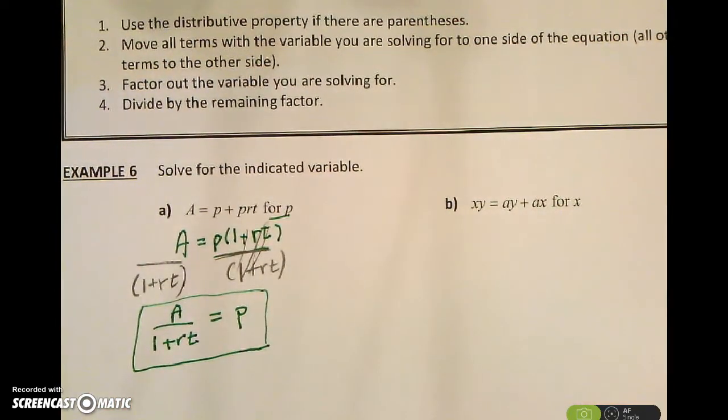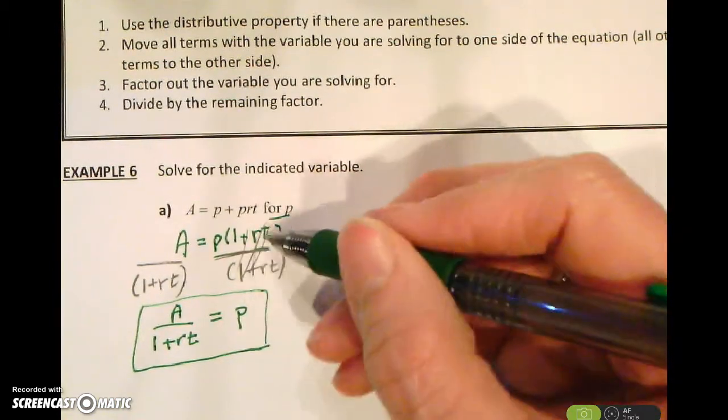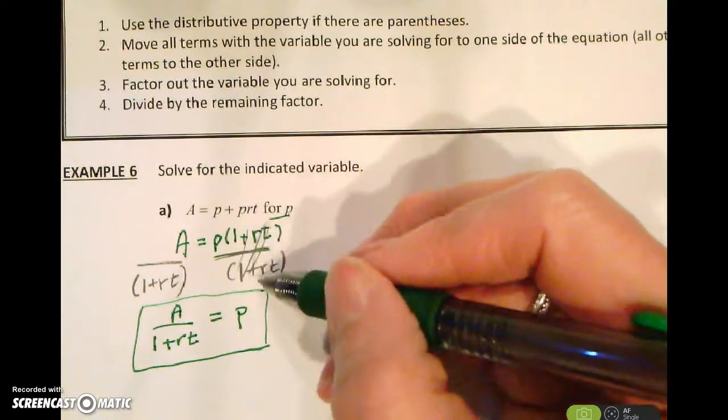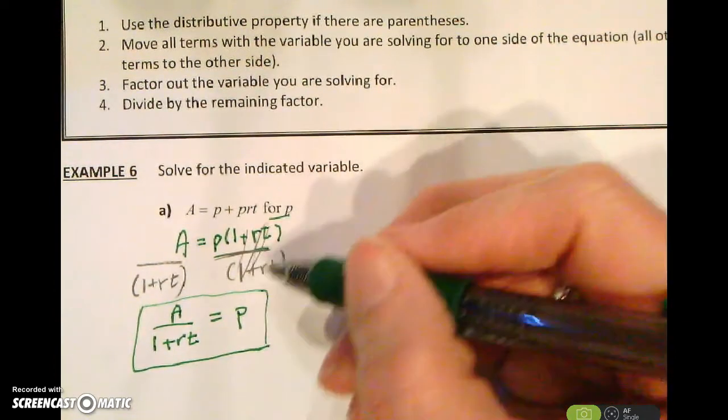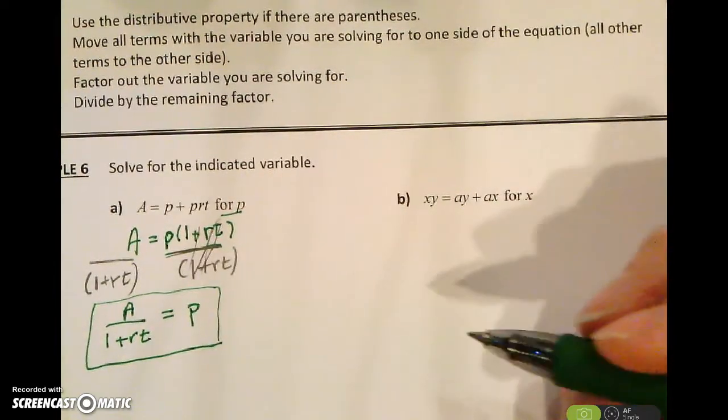And that's my answer for that. I want you to note that I don't cancel the 1 and the 1 and the R and the R and the T and the T. I'm canceling the whole parentheses, which are the same. That's something we haven't really talked a lot about yet.